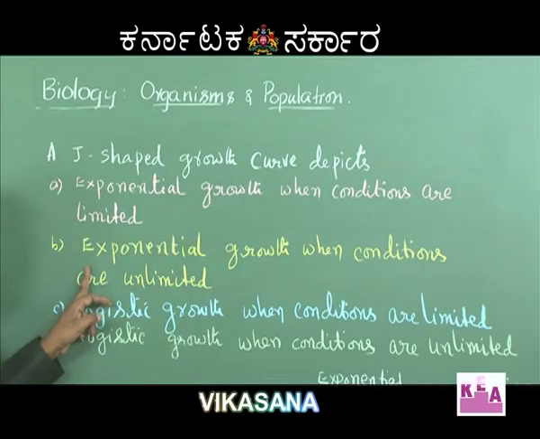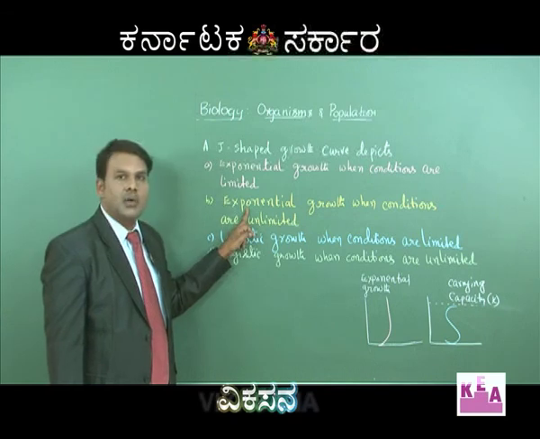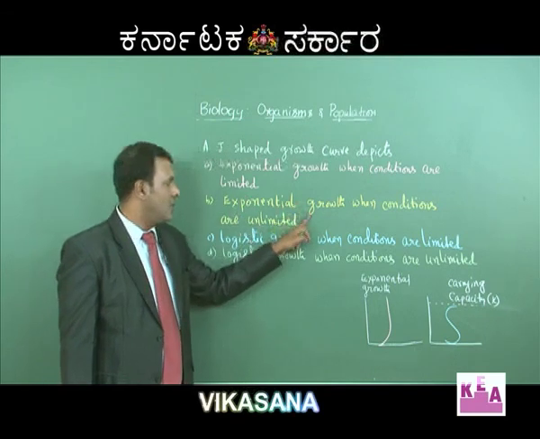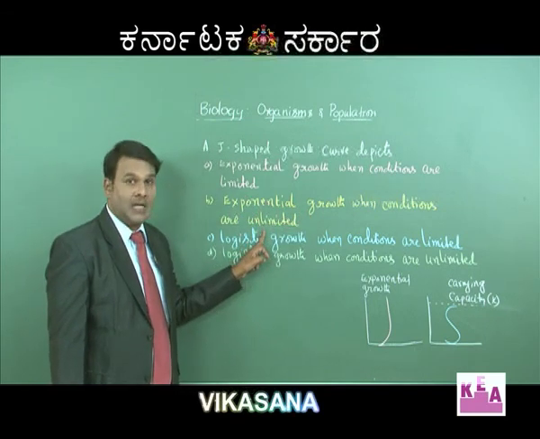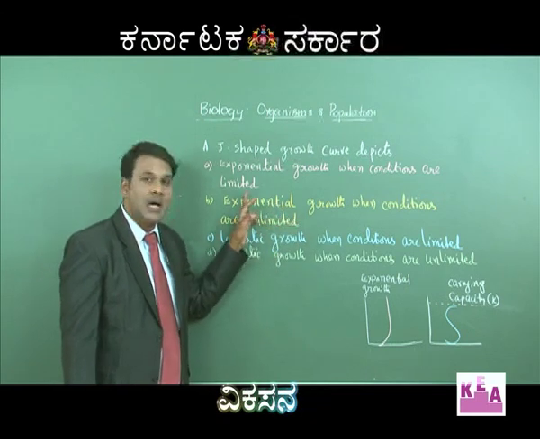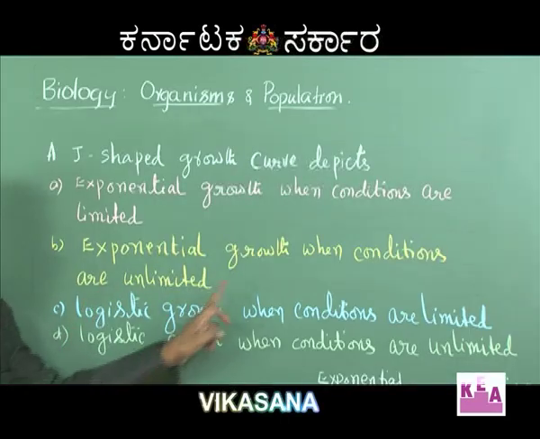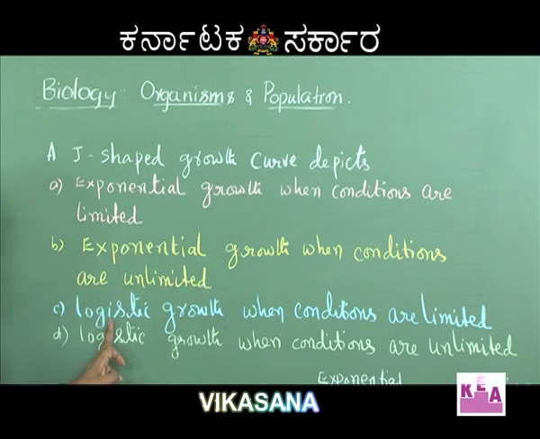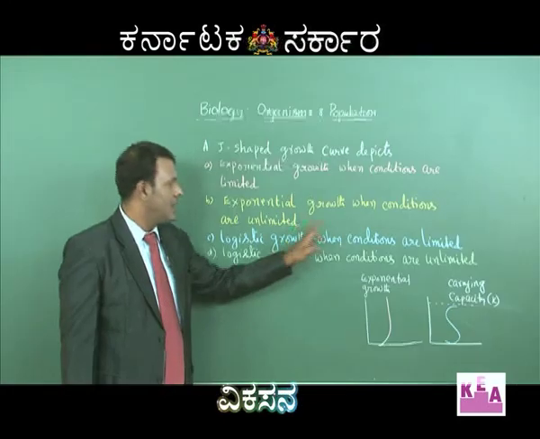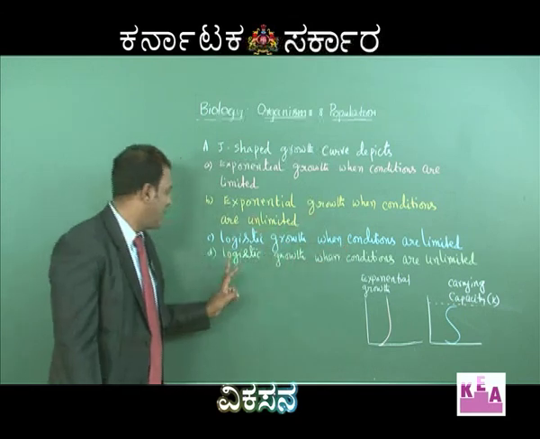Option B, exponential growth when conditions are unlimited. The organisms undergo exponential growth when the resources are unlimited, and the graphical representation of exponential growth assumes a J shape. Logistic growth when conditions are limited: when the organisms undergo logistic growth, when the conditions are limited, it assumes an S shape.